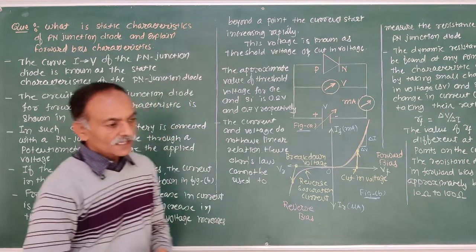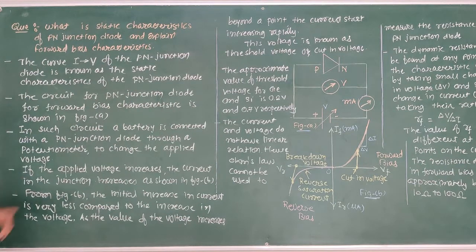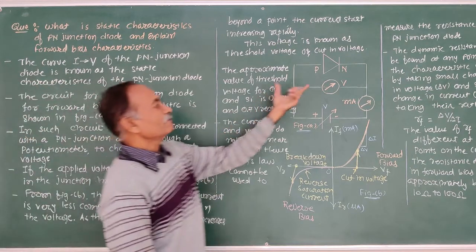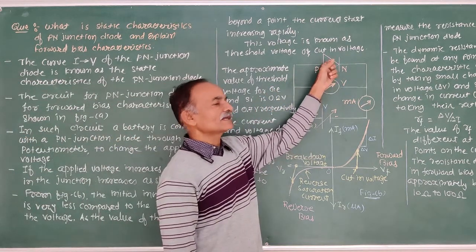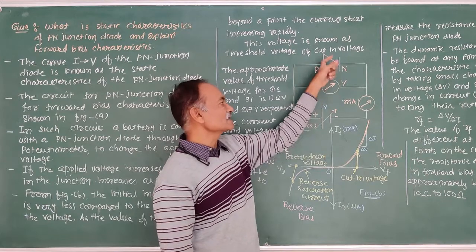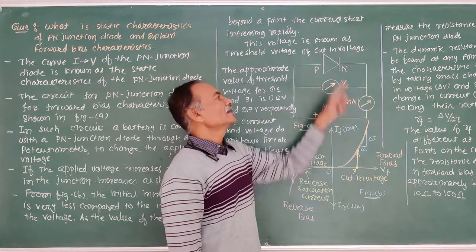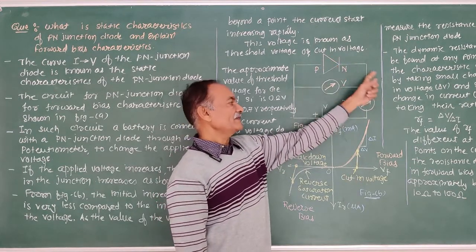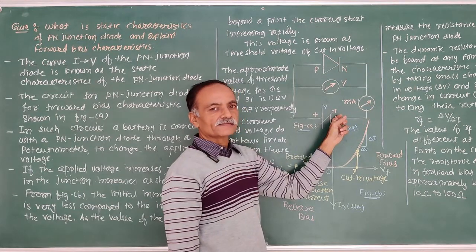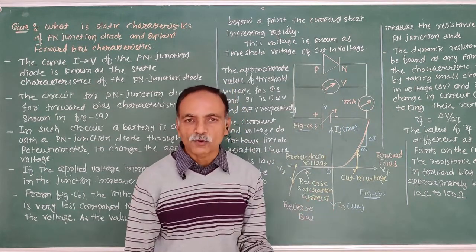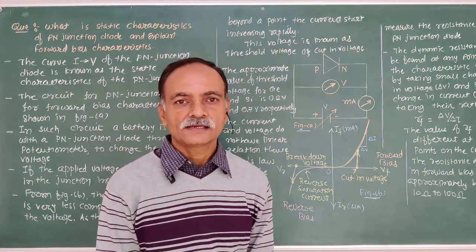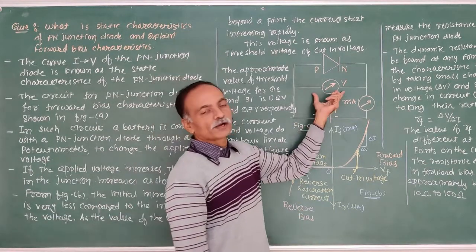In the static characteristic of PN junction diode in forward bias, the circuit is shown in the figure. Here the P-type semiconductor or the P side of the PN junction is connected with the positive terminal of a battery, and the N side is connected with the negative terminal. How much voltage is applied can be measured with the help of a voltmeter.